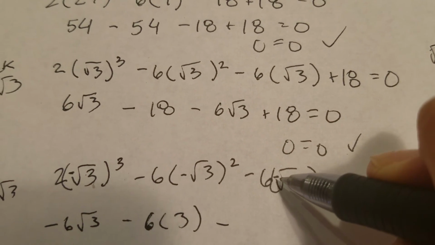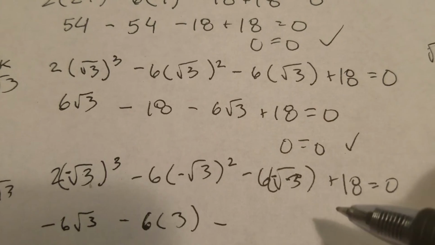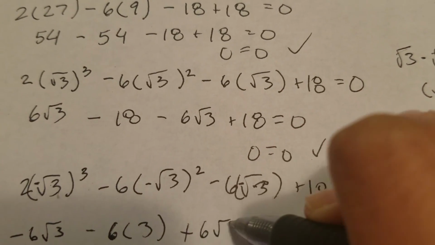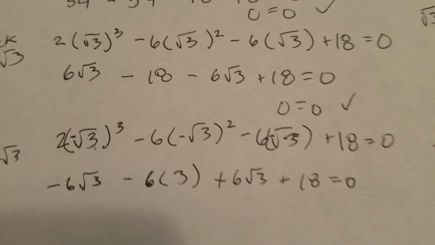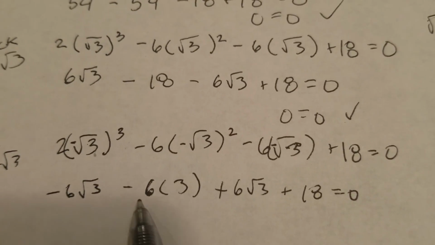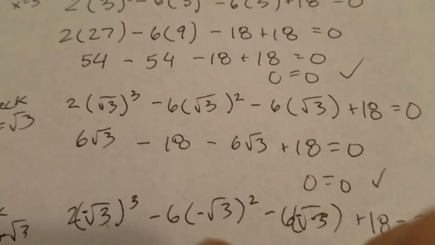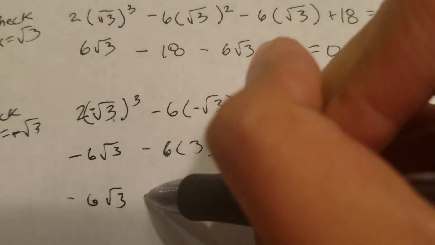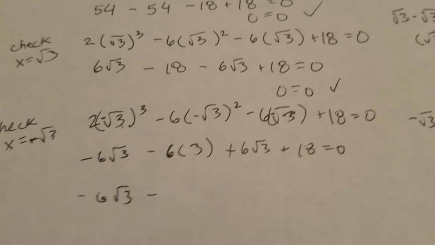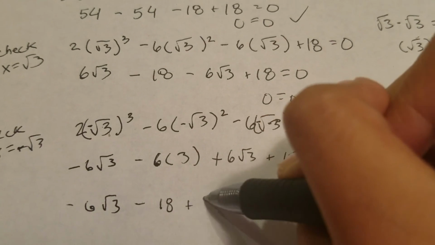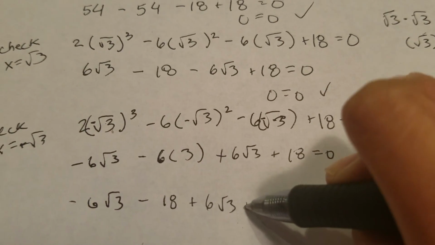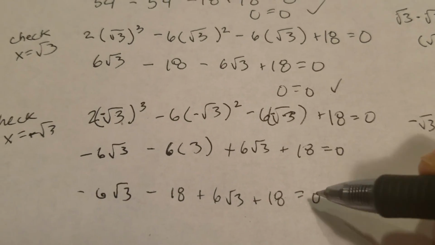Minus negative times negative here is positive, so I'm going to put that as positive 6 root 3 plus 18 equals 0. So I have negative 6 root 3 minus 18 plus 6 root 3 plus 18 equals 0.